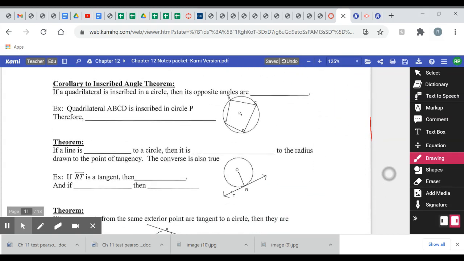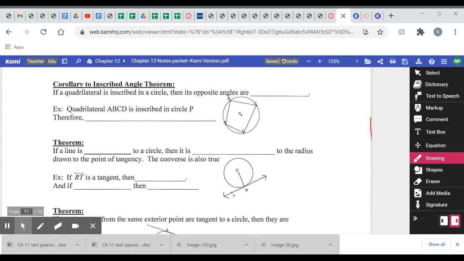Now, one of the other things we talked about is the corollary to the inscribed angle theorem: if a quadrilateral is inscribed in a circle, then its opposite angles are supplementary. For example, quadrilateral ABCD is inscribed in circle P. Therefore, the measure of angle B plus the measure of angle D is equal to 180.